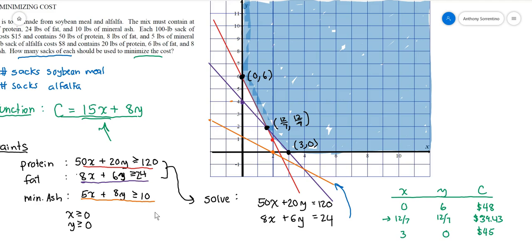But generally, to minimize costs, 1 5/7 sacks of each feed would meet the conditions and minimize cost.